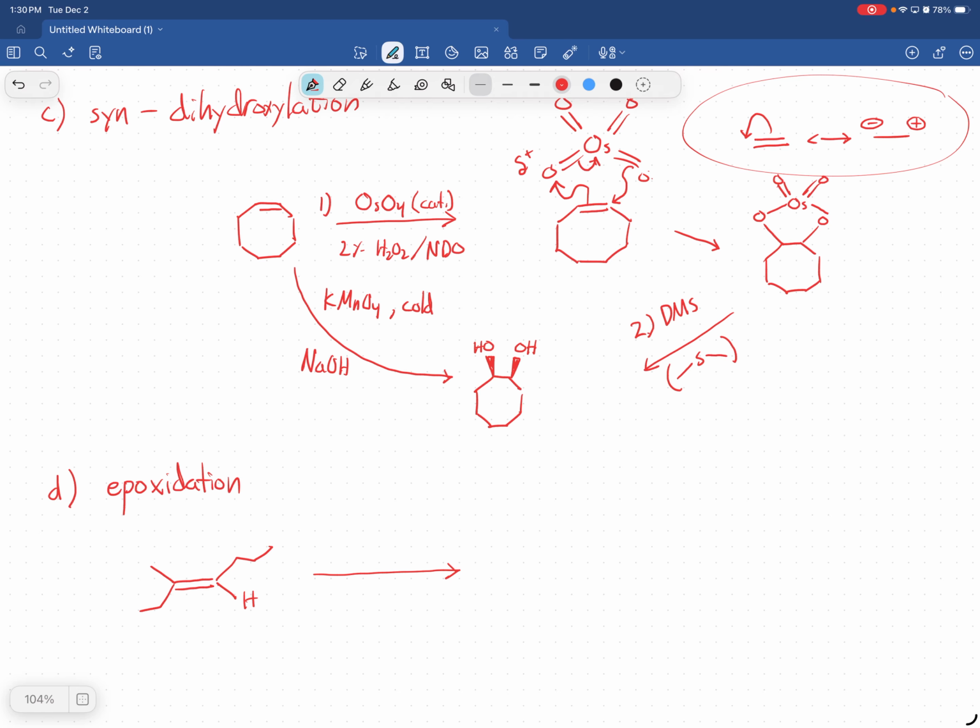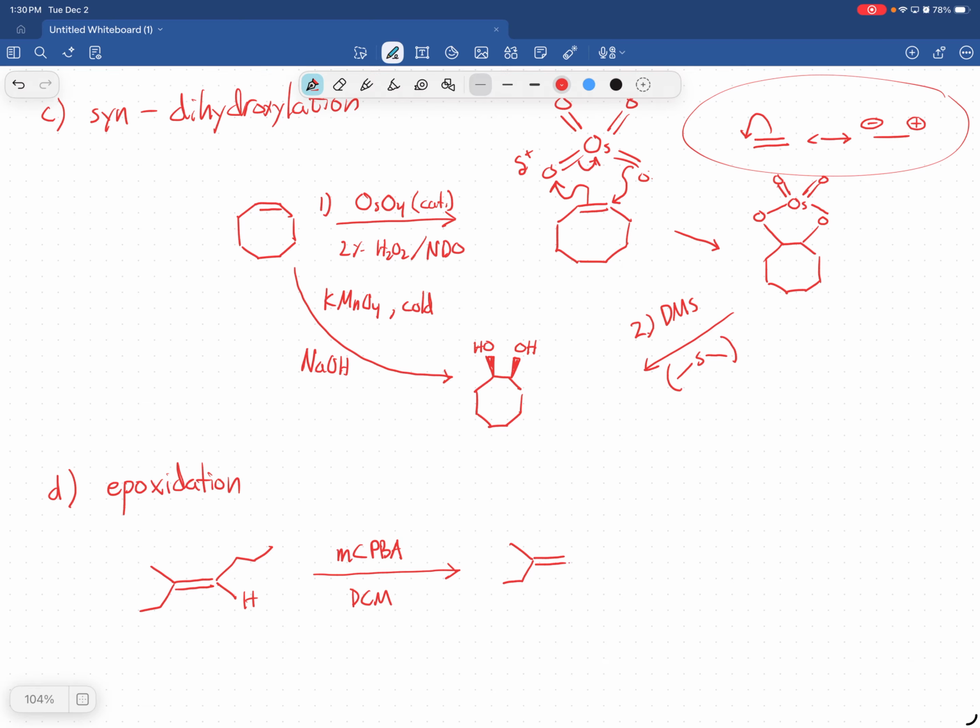All right. So what are the common reagents we talked about? There's one you should have picked up on, mCPBA. And this is usually in DCM. This is just a solvent. So let's go over first what happens mechanistically. Okay.